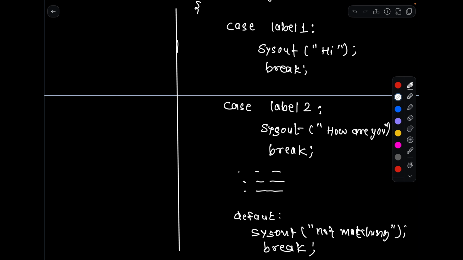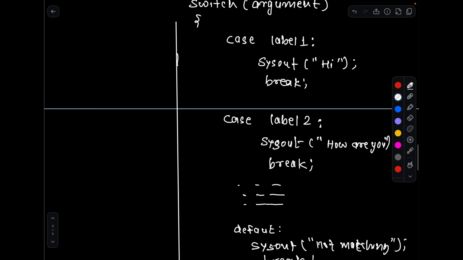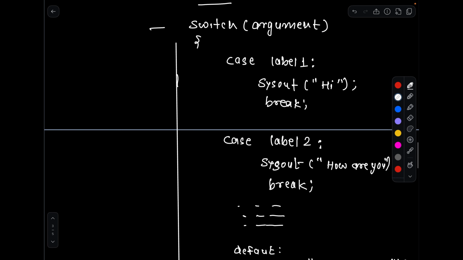Suppose you have 100 cases, and the Java program executes this line, and then it checks the argument. If that argument matches any label of the case, then it executes that particular case only.